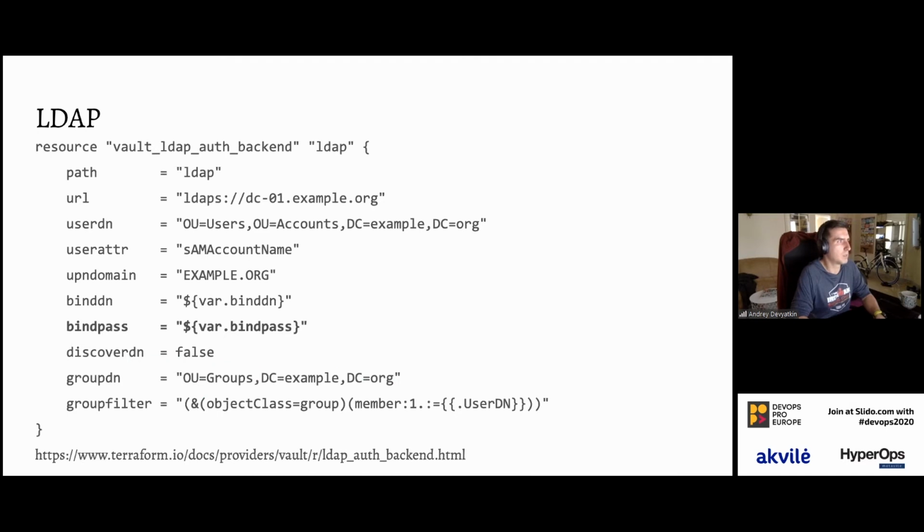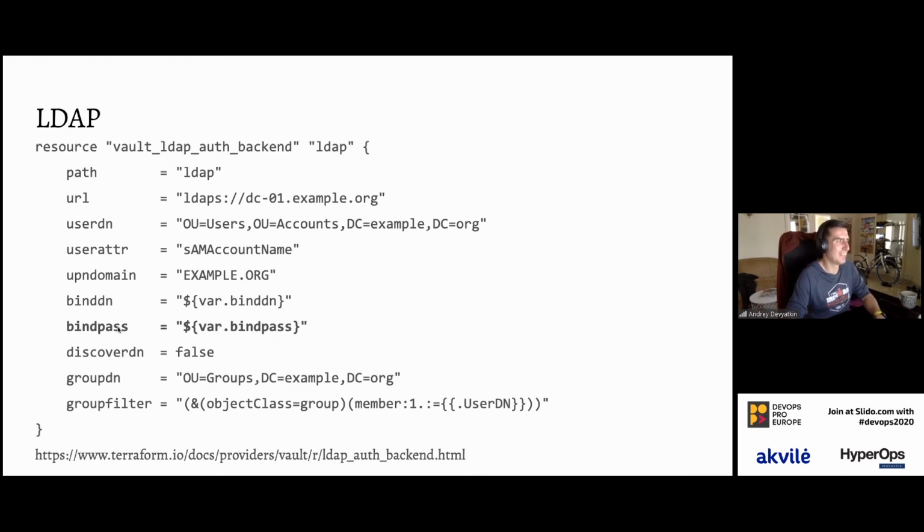Well, here comes a snippet of Terraform code in a presentation called Doing Vault with Terraform. So you knew that was going to come, and here it is. And yeah, it's not the most exciting slide, but there are going to be a few more of those, so be prepared. You configure the Vault auth backend, and it's pretty straightforward. If you have ever configured LDAP, you know what to put into those.